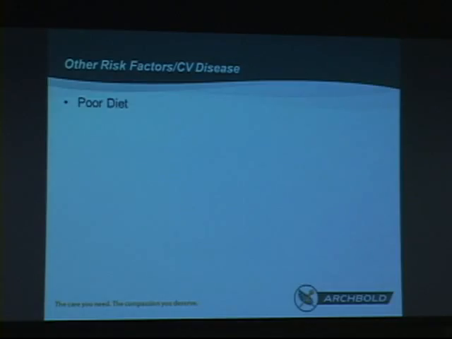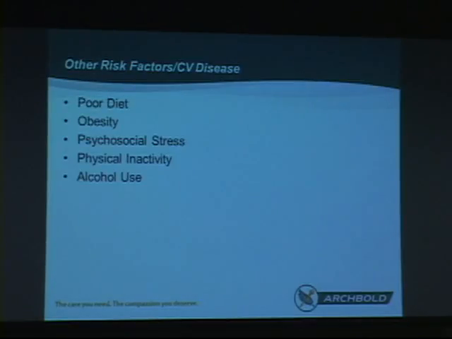Now, let's talk about some other modifiable risk factors. These are things that you can do to modify. All right? One is poor diet. We'll talk about that. We'll talk about obesity. We'll talk about psychosocial stress. Okay? We'll talk a little bit about physical inactivity, and we'll talk a lot about how we're going to fix that. Alcohol use.